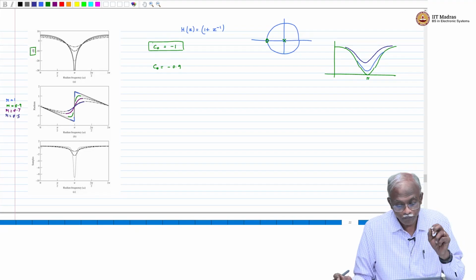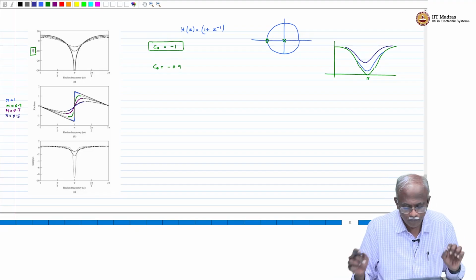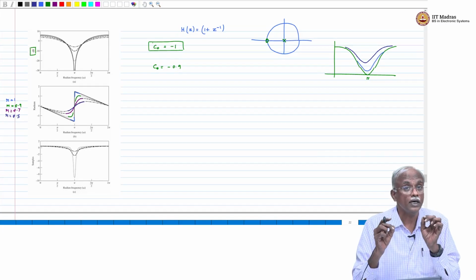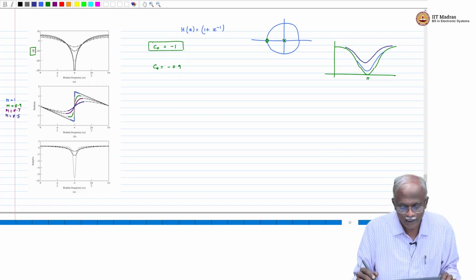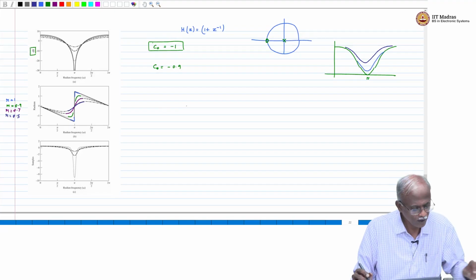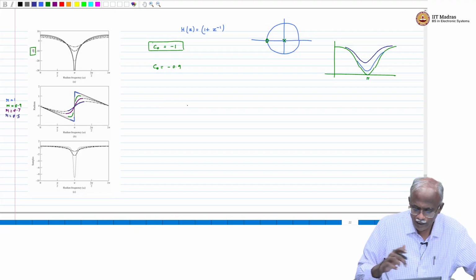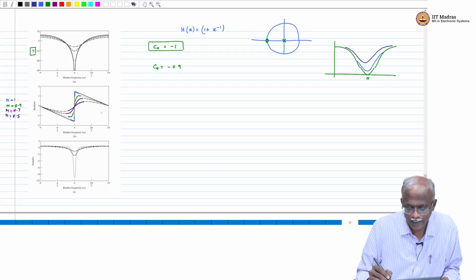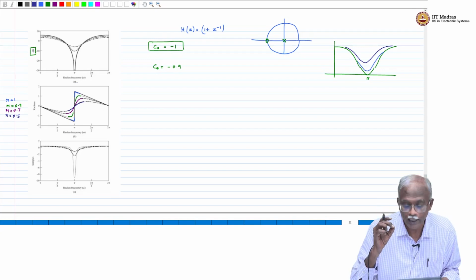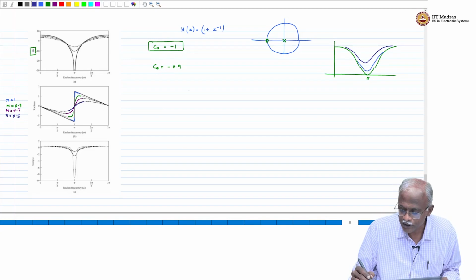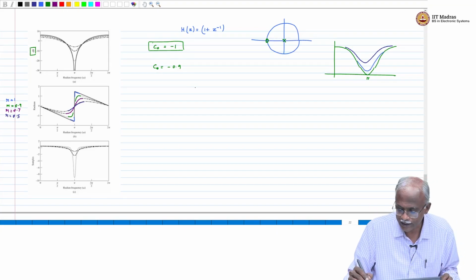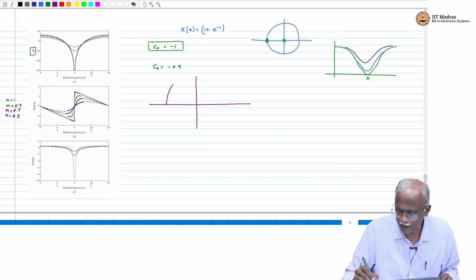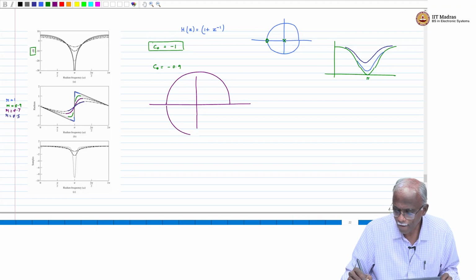The phase goes through a very interesting analysis. You need to be very careful in understanding how the phase will behave. So let us look at whether we can get this phase response in a careful, accurate manner. Let me give you an indication of how to do that, and then in the next session we will pick it up and look at how to analyze this.